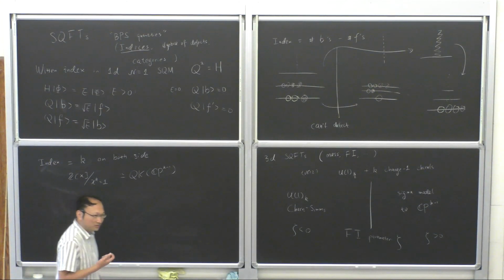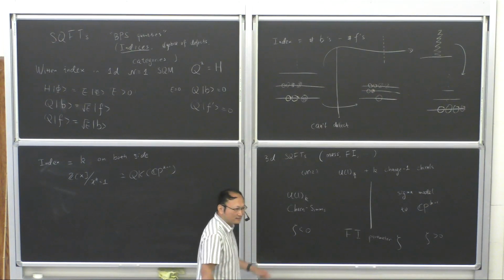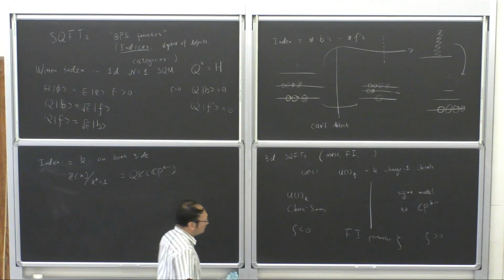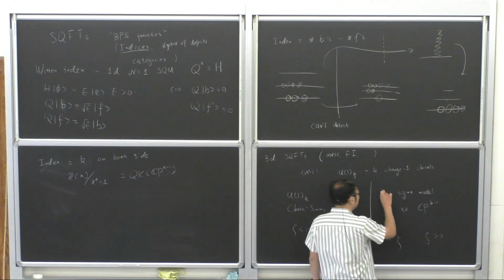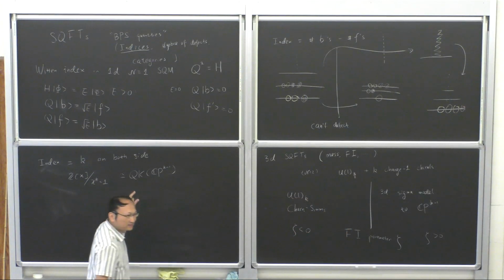It's a topological theory, so it's a SQFT in the boring sense. So this is a 3D sigma model. If it's a 2D sigma model, it will be quantum cohomology. So this is quantum K theory.